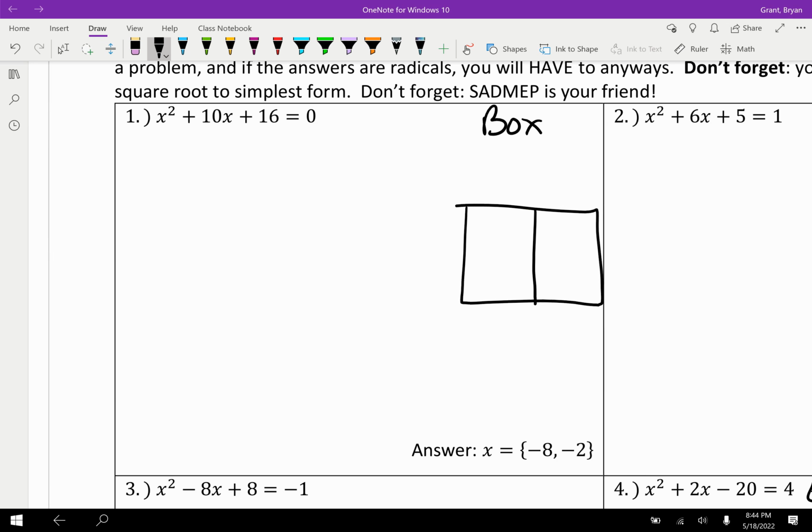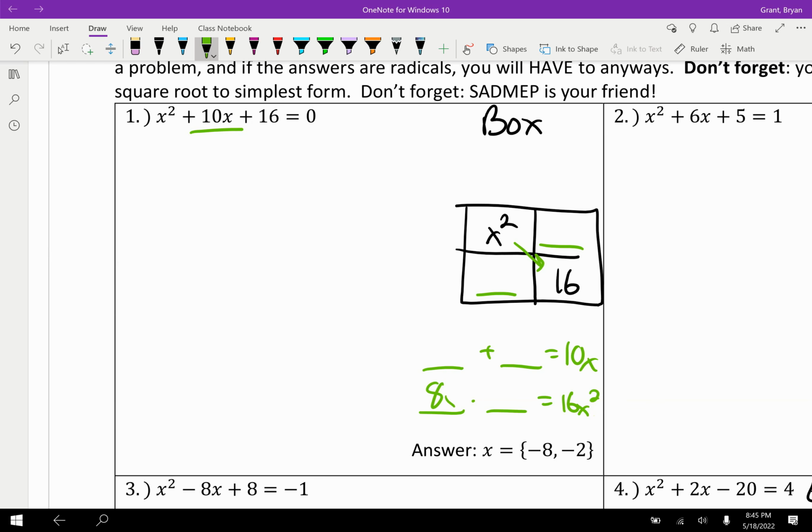Not a big deal. So, I'm going to go ahead and put the x squared and the 16 inside, and then we need to split up that 10x, don't we? So add to make 10x and multiply to make 16x squared. Okay. Let's see, I think that's looking like 8 and 2, doesn't it? 8 times 2 is 16, 8 plus 2 is 10.